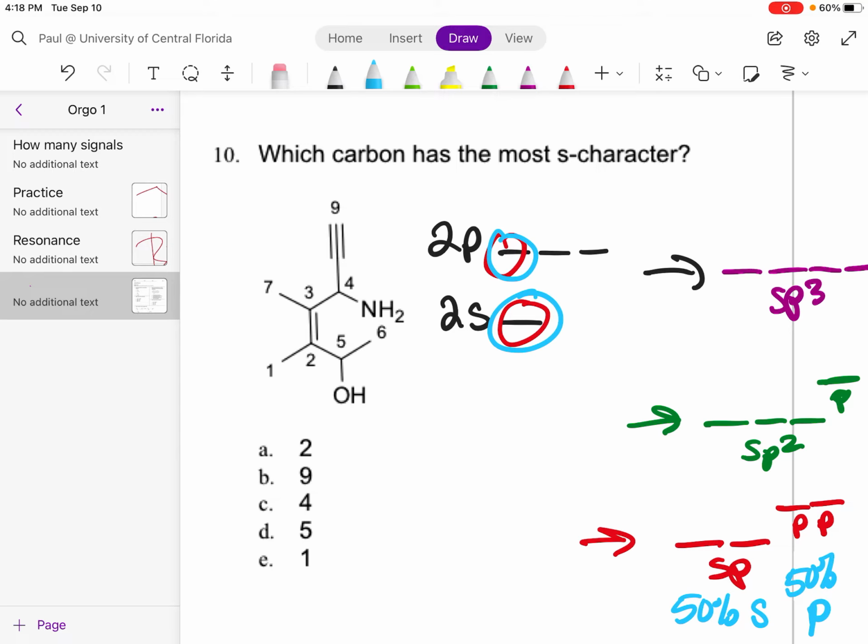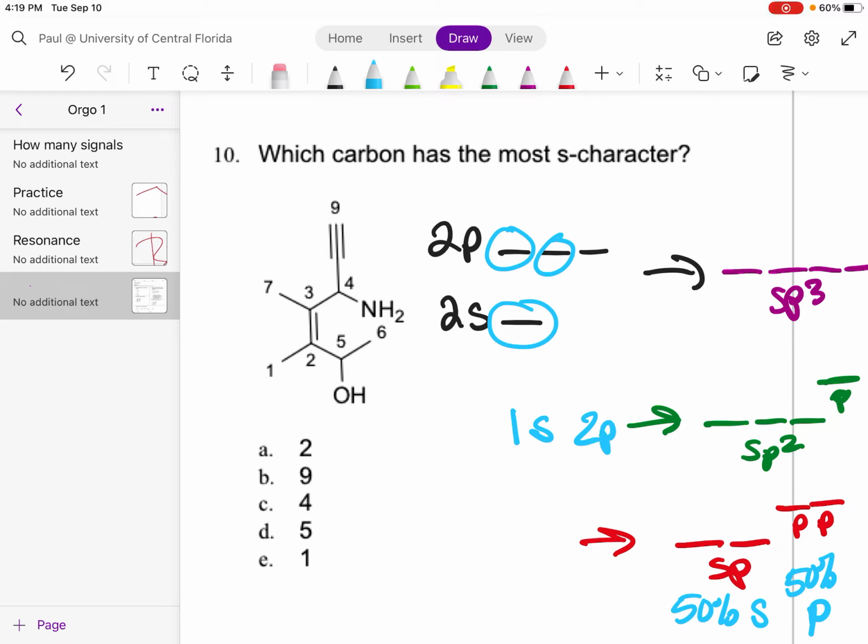And then if we take a look at the sp2, how did we generate the sp2 hybridized orbital? We got that from 1 of those and 2 of those. So what's that percentage? That's 1 S and 2 P's.